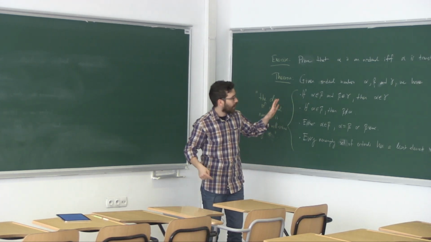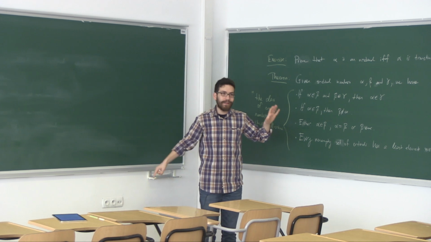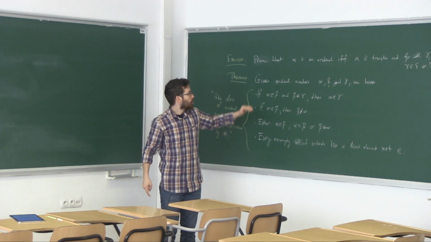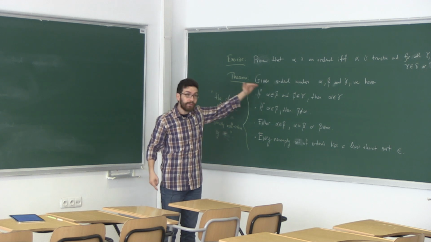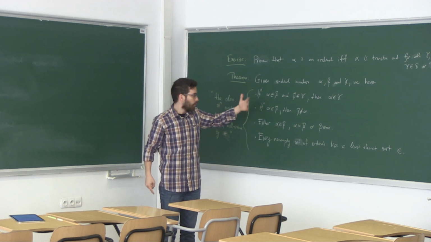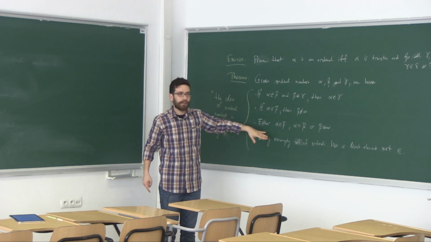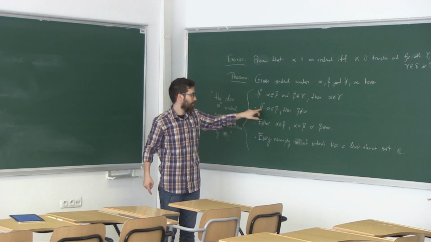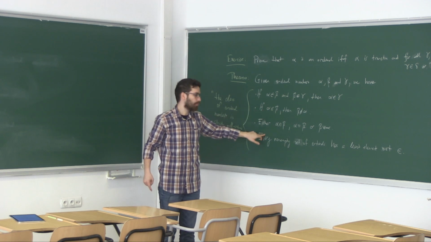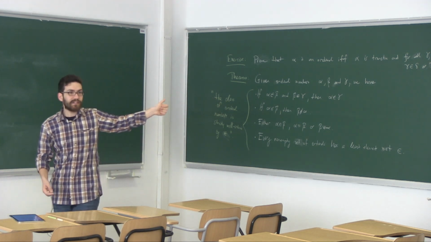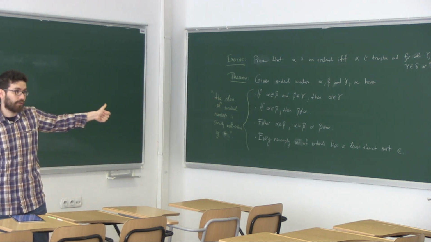However, the point is that all the proofs I'm going to do are not going to use the axiom of foundation. So this theorem holds even without the axiom of foundation. With the axiom of foundation, this is easily proved, because you can get rid of this bullet point easily and this bullet point easily. It makes some part of this theorem trivial, but this is actually true even without the axiom of foundation.